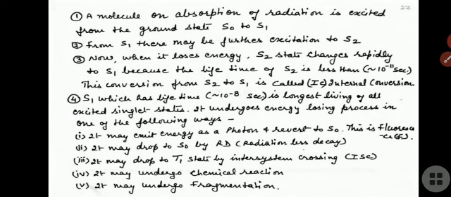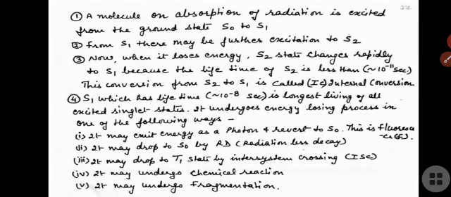S1 may undergo chemical reaction. It may undergo fragmentation, or it may drop to T1 state by intersystem crossing, ISC. Although the conversion of S1 to T1 is energetically gainful, it is rather a slow process in accordance with the spectroscopic rule that change in multiplicity is formally a forbidden process.